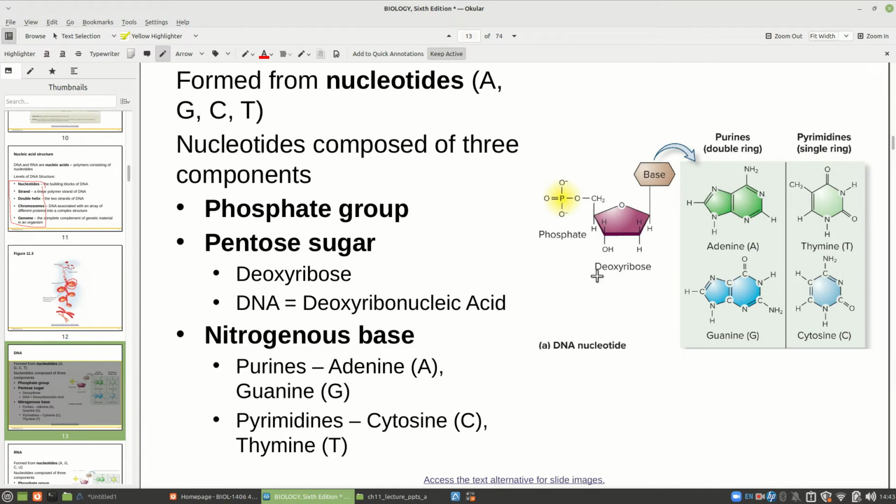Now, ribose is a sugar. So deoxyribose, deoxy means it doesn't have an oxygen. There's an oxygen missing. It's a sugar that's missing an oxygen, connected to what we call a phosphate on one end and a base on the other, and the base can be one of 4 things in DNA.